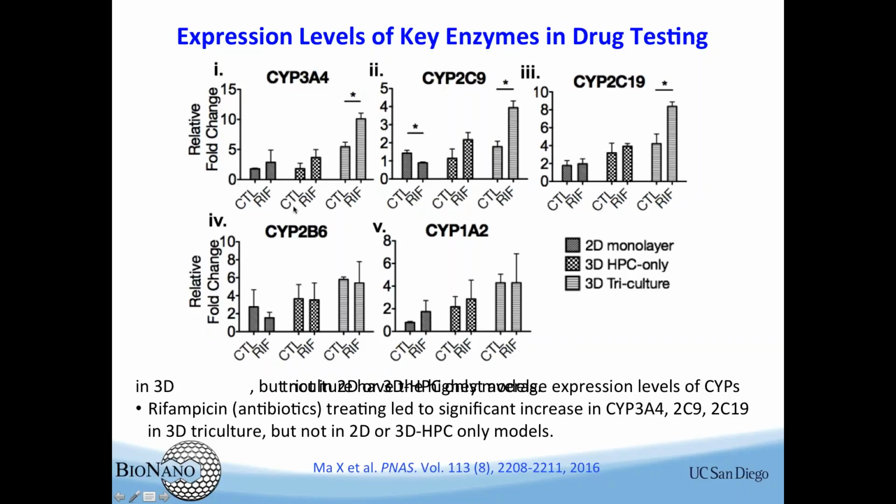The other two, the 2D monolayer or hepatic cell only 3D model, don't show a significant difference between the control and drug response. So I think this pilot study shows it could be very useful for drug screening.